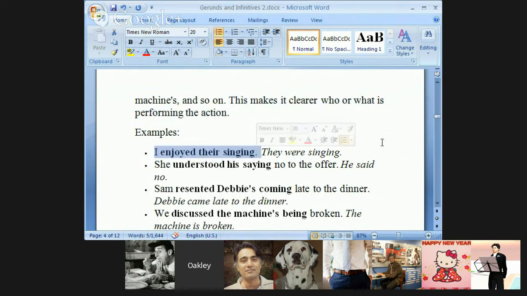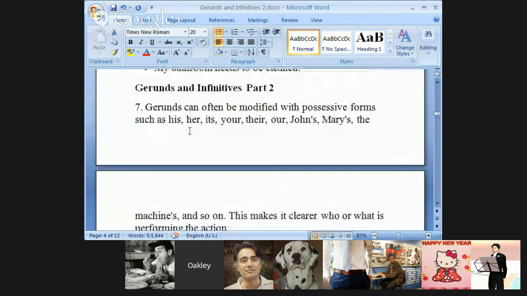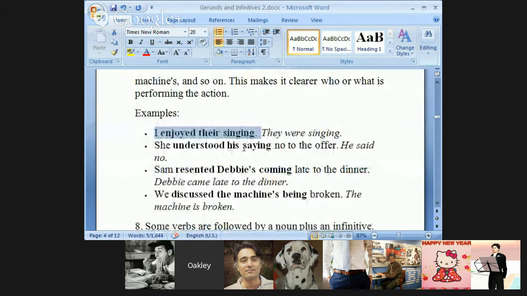I enjoyed their singing. Absolutely, it is very normal to use a gerund with a pronoun to say who's doing the action. We're using a possessive to show who is doing this action.